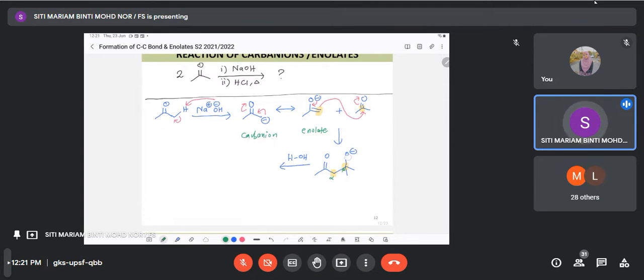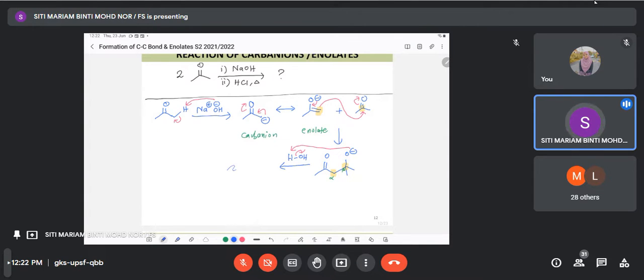So you must get a hydroxy group attached to carbon beta. So how can you get the OH group there? Now you have O minus. So simply, this oxygen donates electron to the proton to form the OH group. This one abstracts the proton, cleaves this bond, gives electron to O. So you get back your OH minus.